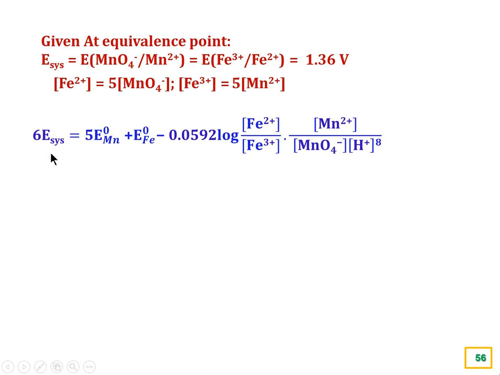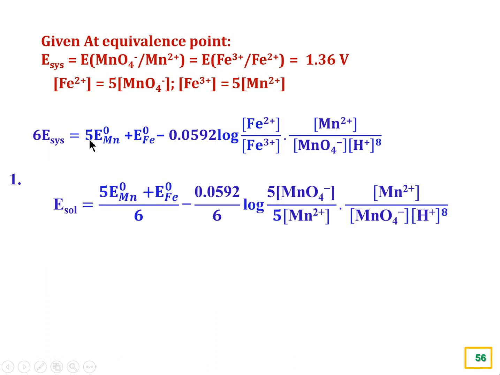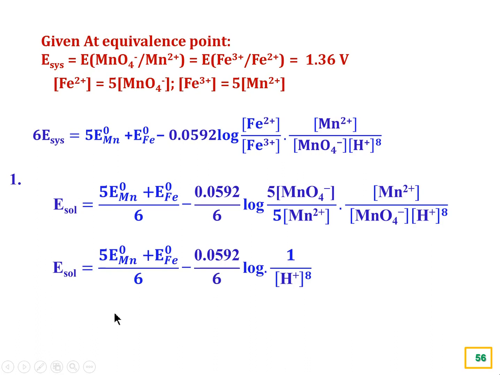So 6E equals 5E0 plus E0 minus 0.0592 log 5 MnO4-, which is Fe2+, and 5 Mn2+, which is Fe3+. And we divide by 6, so E of the solution equals 5E0 plus E0 Fe divided by 6 minus 0.0592 divided by 6 log this ratio of concentrations.